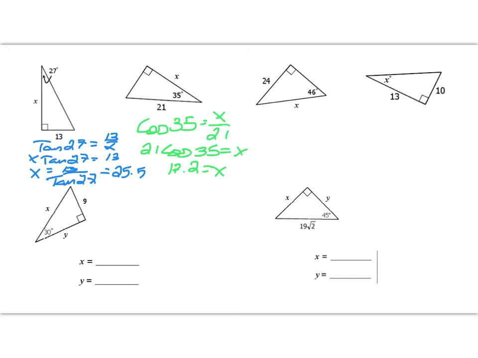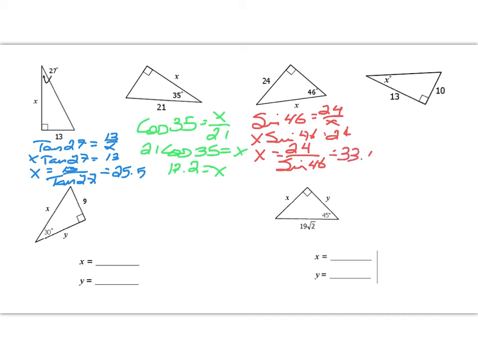Next one is going to be sine. The sine of 46 is equal to 24 over x. Cross multiply, x sine of 46 equals 24. Divide, x equals 24 divided by the sine of 46, which means this is equal to 33.4.